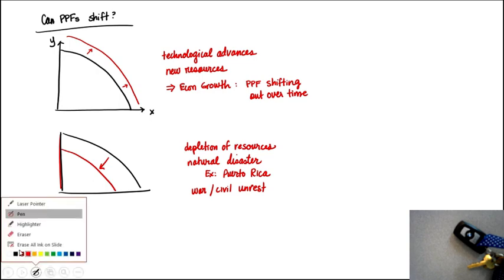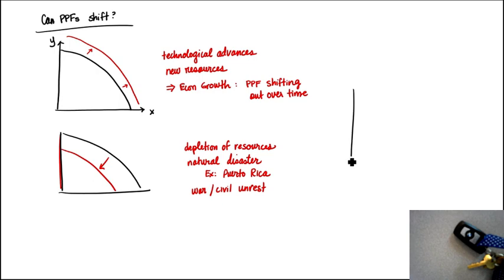Could we see something like this? Could we see the PPF shift out like that? What might explain this? You get only resources, but only for that one.